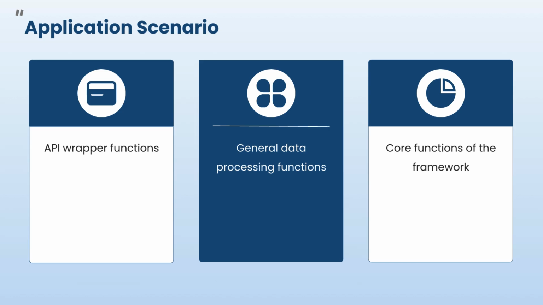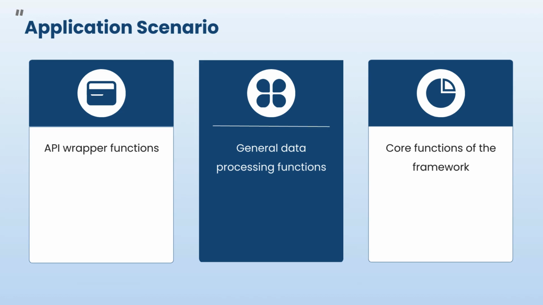Core features of frameworks, for example, route handling functions in Django or Flask. In many web frameworks, such as Django or Flask, route handling functions often need to accept various parameters to process user requests. These parameters may include variables in the URL path, query string parameters, and form submission data. Using variable arguments allows these route handling functions to be more flexible, easily receiving and processing different request parameters.